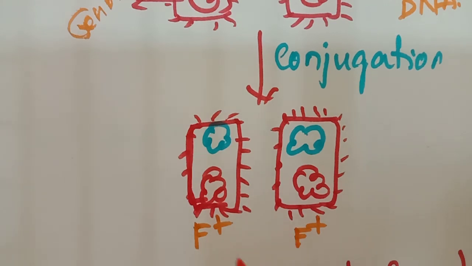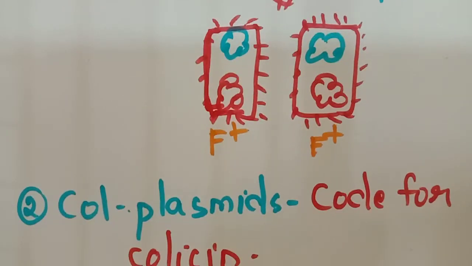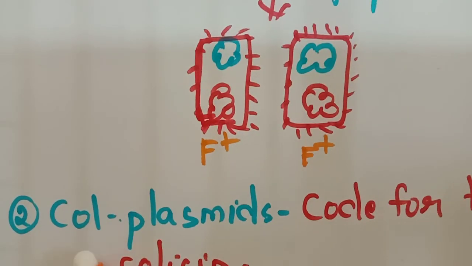The first category of plasmids coding for phenotypic trait is F plasmids, and these F plasmids are involved in the conjugation process. Thereby the F plasmid can transfer itself from F plus cell to F minus cell, so that at the end of the conjugation both the cells are F plus cells. The second important plasmid coding for phenotypic trait is Col plasmids.